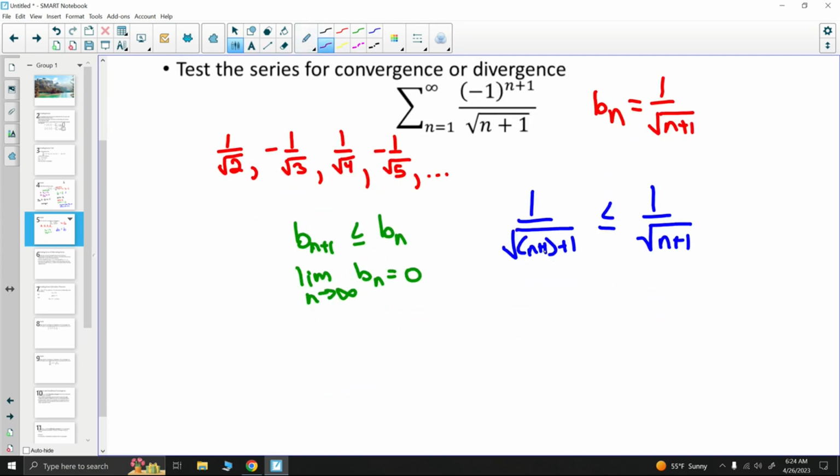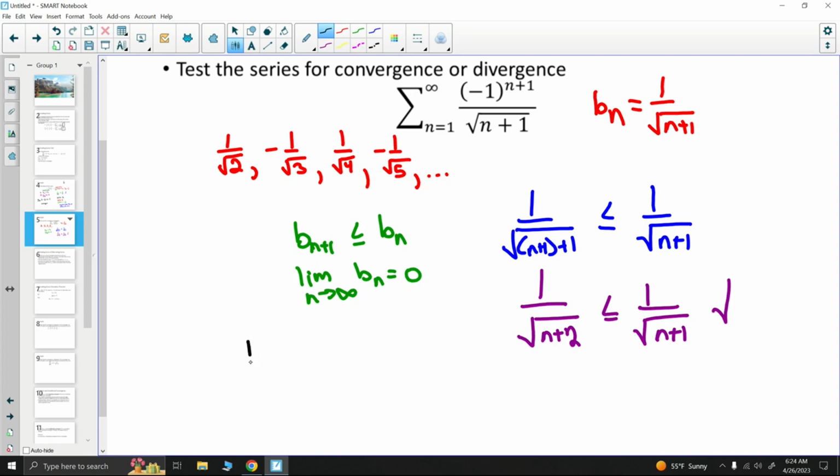Well, that's just going to be 1 over the square root of n plus 2, which is less than or equal to 1 over the square root of n plus 1, because 2 and 1 here, this again makes a bigger denominator, hence a smaller value. So that checks out.